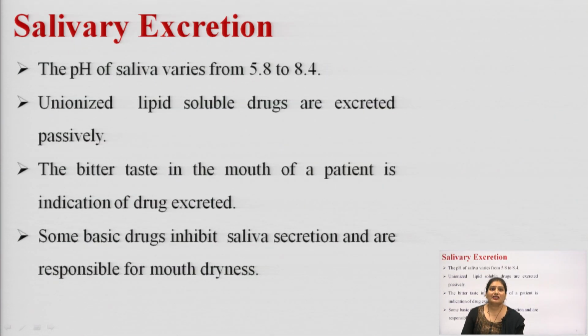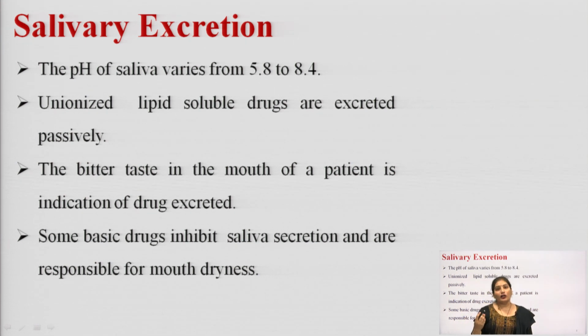The next excretion is salivary excretion. As the name indicates, in salivary excretion there is involvement of saliva. Excretion of drug in the saliva is a passive diffusion process, and therefore it is predictable on the basis of the pH partition hypothesis.